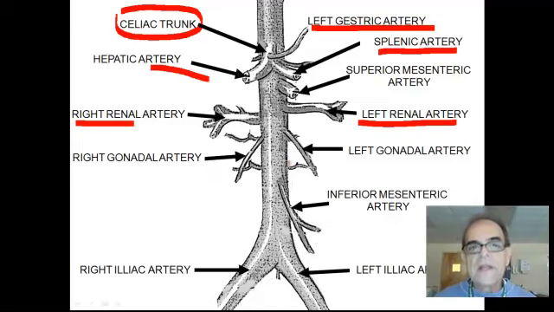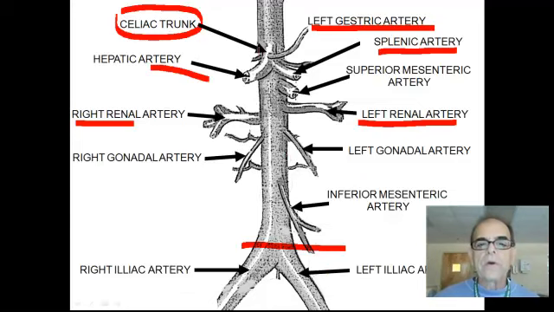Gonadal artery, testicular in male, ovarian in female, are not easy to see with ultrasound, and the same happens with the inferior mesenteric artery. And this is the bifurcation in the right iliac and the left iliac. Right common iliac artery and left common iliac artery is the correct name.